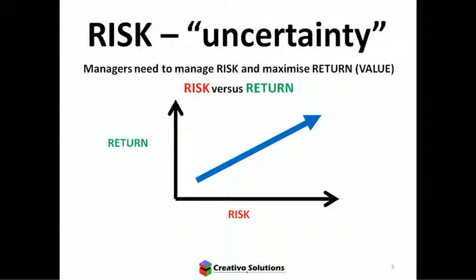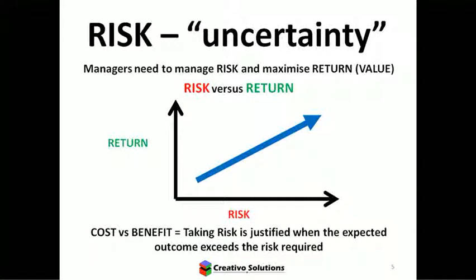Because remember, we've got limited resources, so those resources could be used in other areas of the business. We need to decide if we're going to be allocating resources to a particular project or an investment. Is that project or investment going to give us a good return, or will it add more value to the business? So when focusing on risk and return, we can also consider it as cost versus benefit.